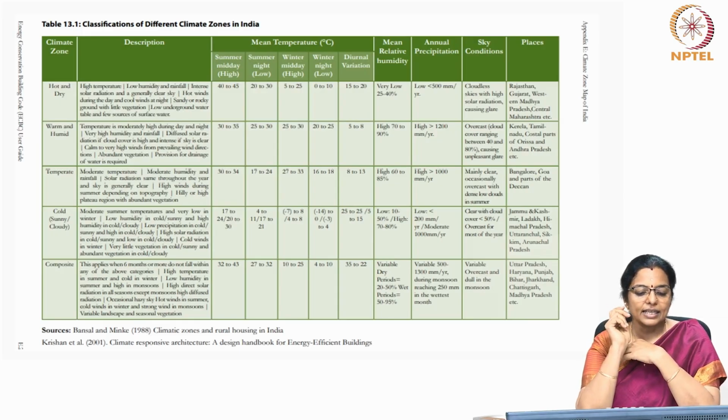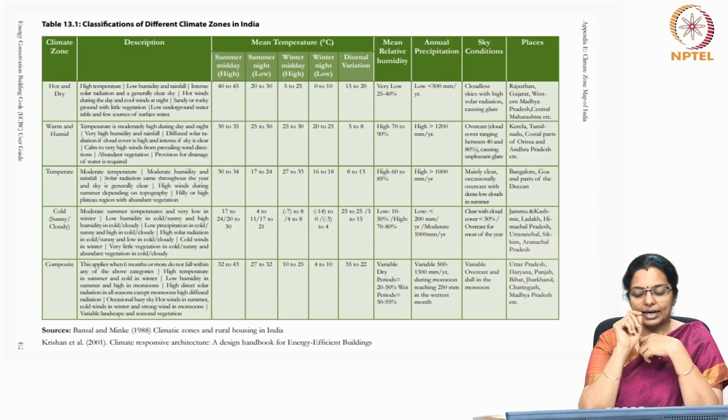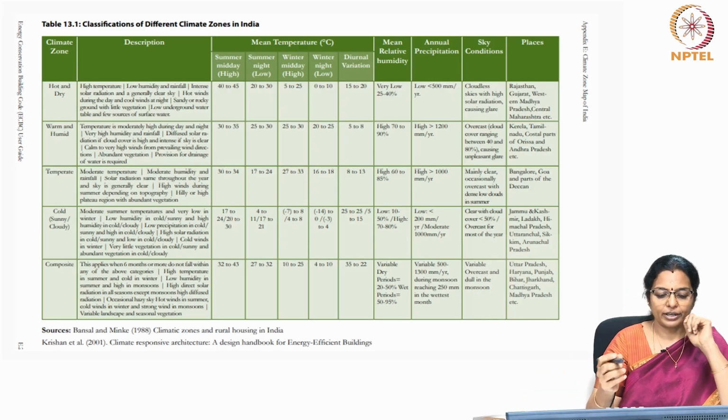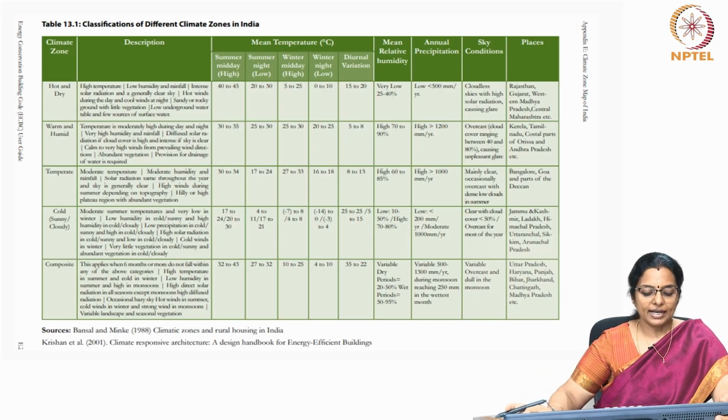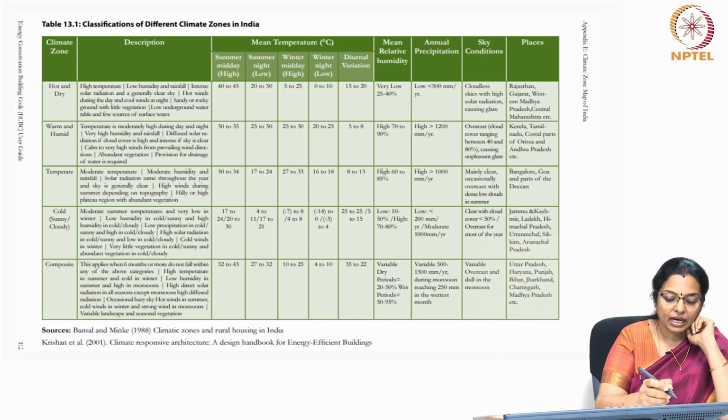Here, let us see the classifications of different climate zones of India. Hot and dry. When the climate zone is hot and dry, it is marked by high temperature, low humidity and rainfall, intense solar radiation and a generally clear sky.